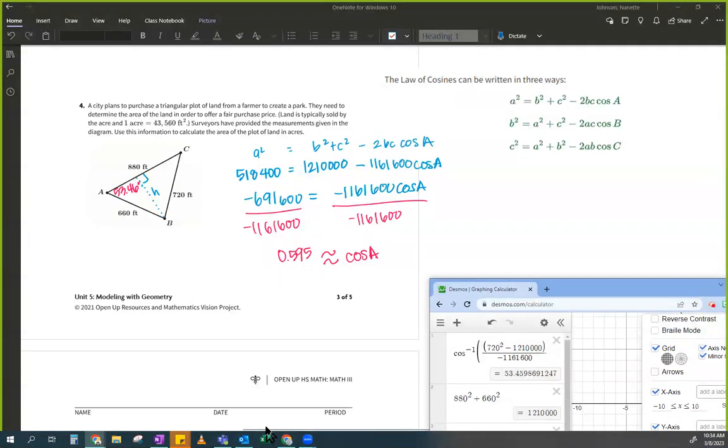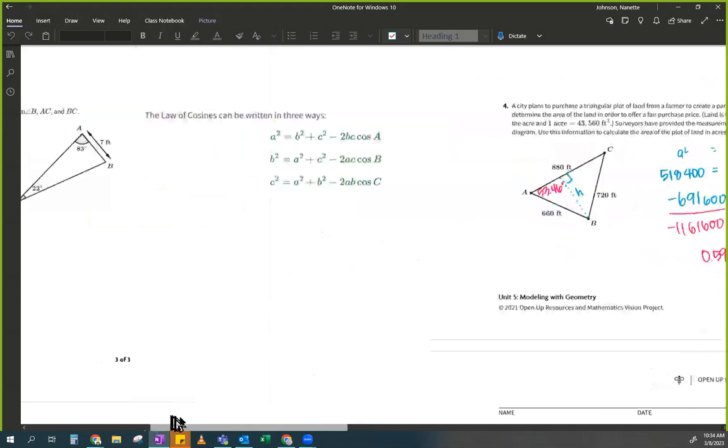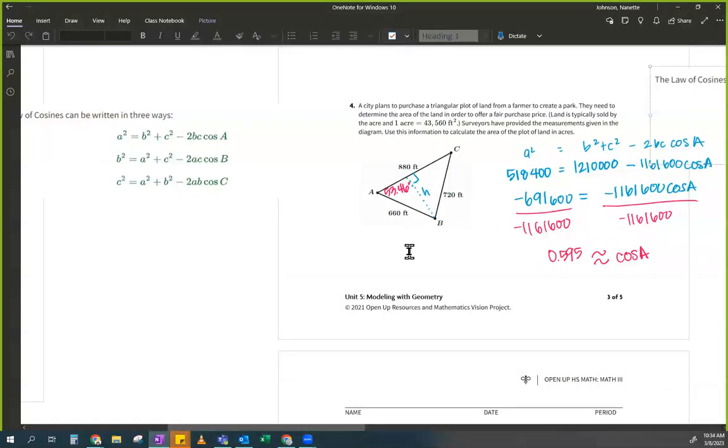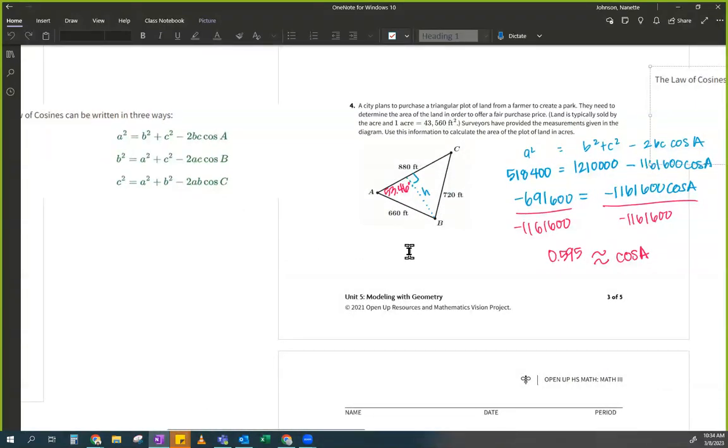Okay, so I'm going to scooch this way so that you can see my law of sines work over here. This is where I'm going to put it. So my law of sines work looks like this.